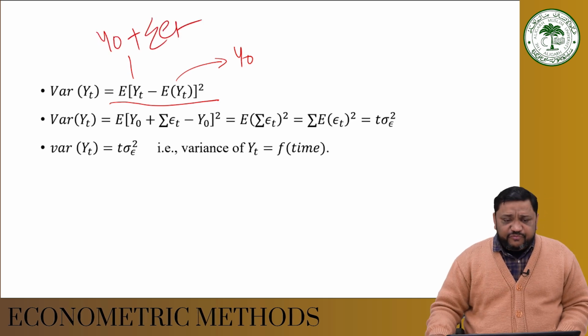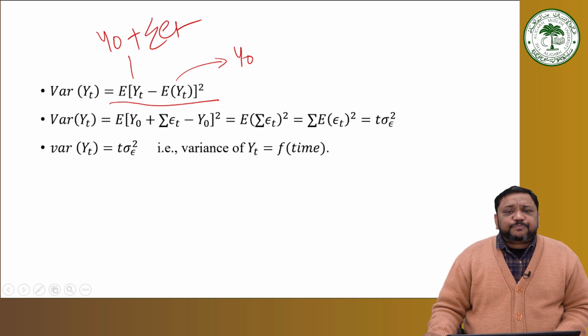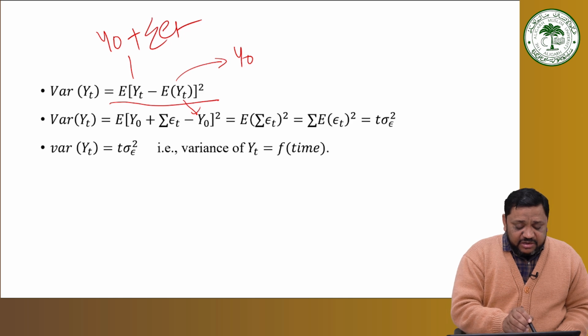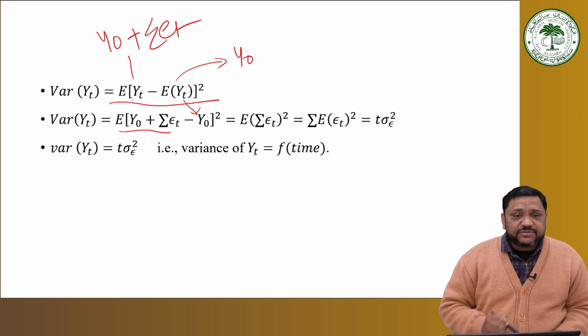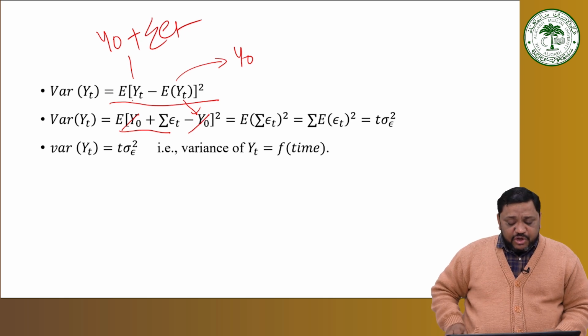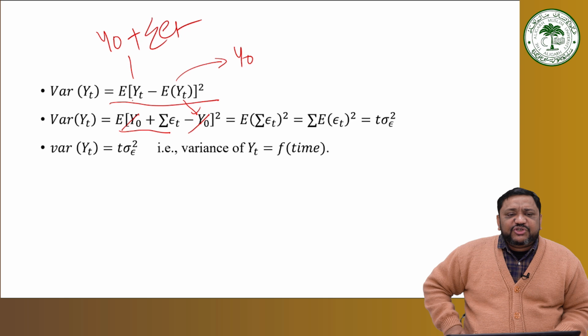We have just proved these two things in our previous slide. So in place of these we write this, and y0 and y0 cancel out. We are left with the expected value of summation epsilon t, the whole square of it.